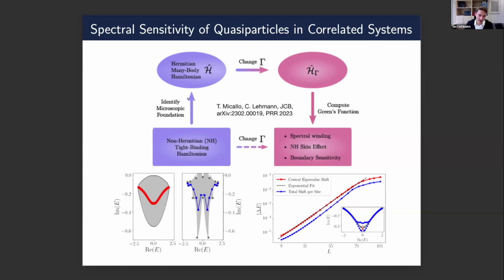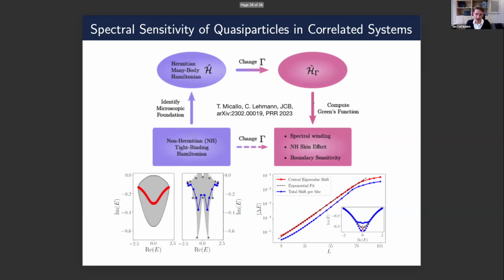Here we took the more microscopic detour of starting from a Hermitian many-body Hamiltonian and changing the boundary conditions at the level of the actual many-body model, and then calculating the single-particle Green's function and self-energy of this model.